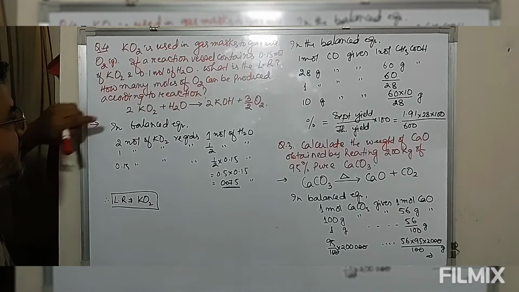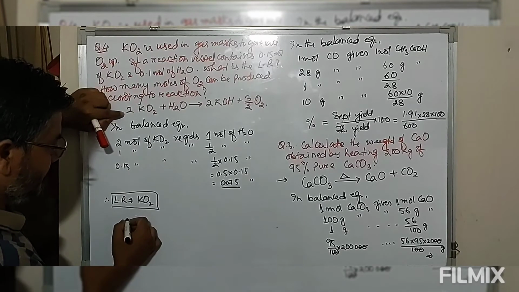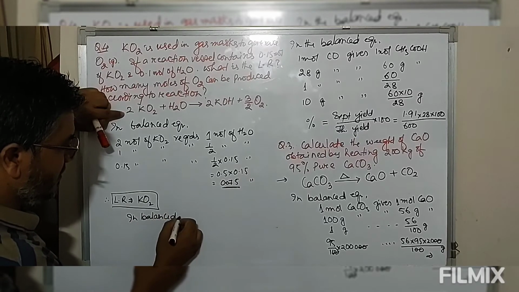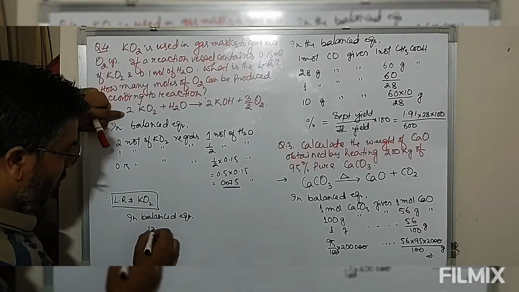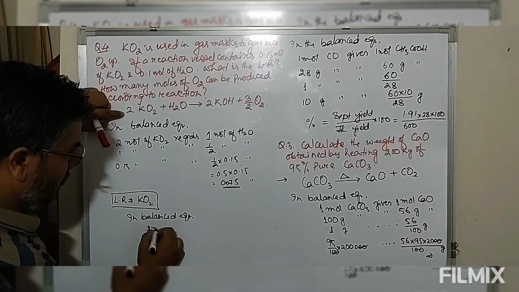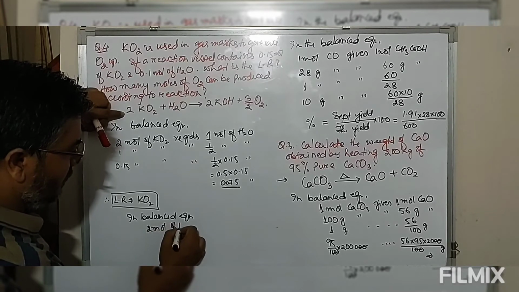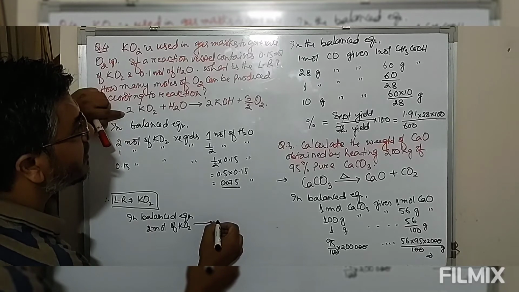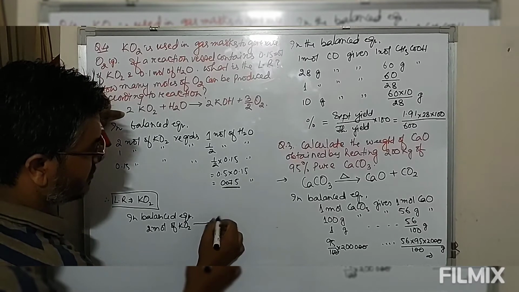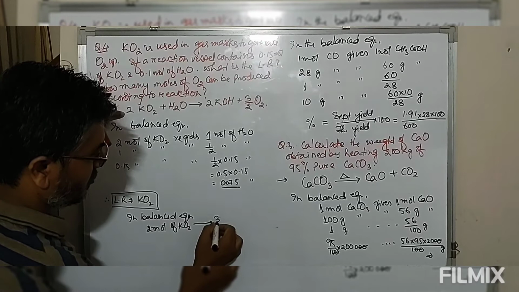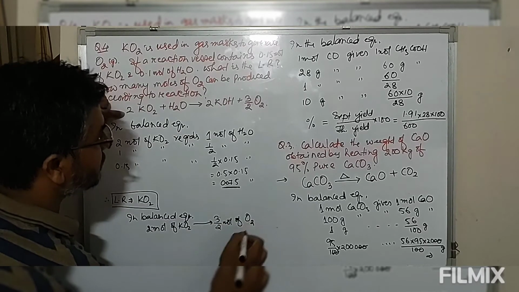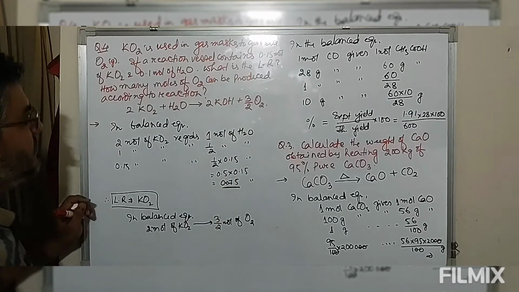So if you look at this balanced reaction again, in the balanced equation, 2 mole of KO2 gives 3/2 mole of oxygen. So we have to find the quantity of oxygen produced.